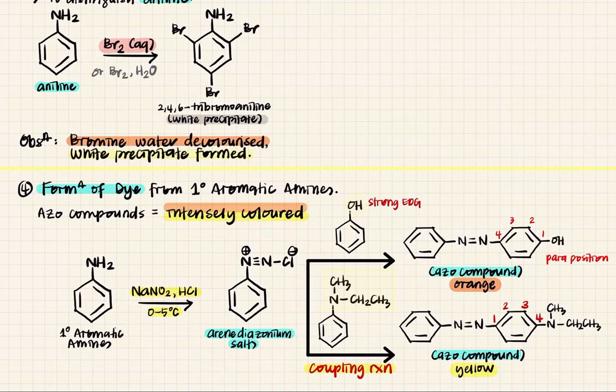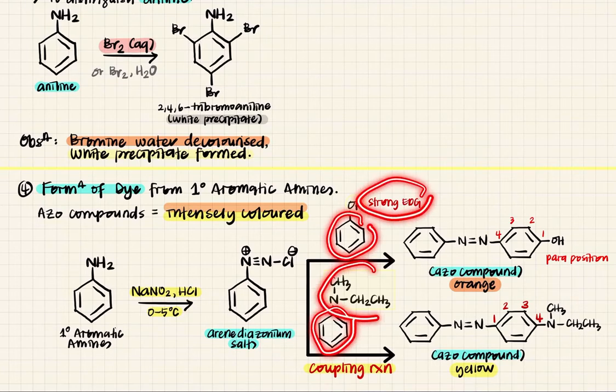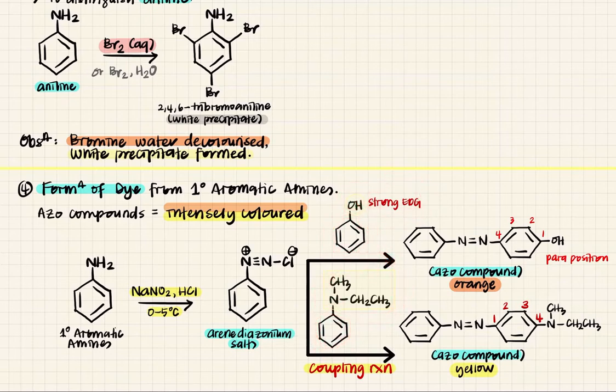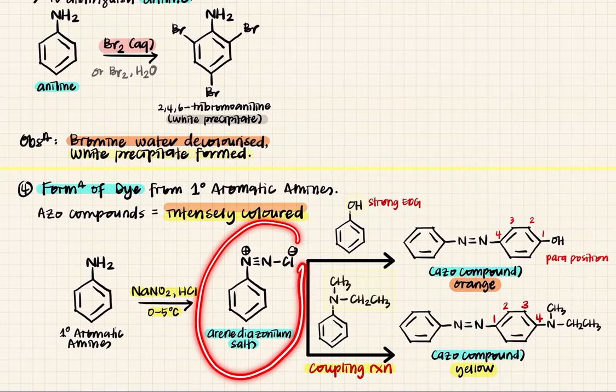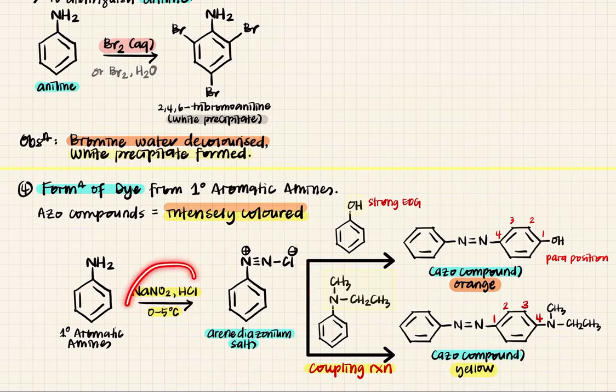So daripada arene diazonium salts ni, you can undergo coupling reaction with aromatic compounds with strong electron donating group macam ini. Okay, strong electron donating group ni. So daripada sini first buat nitrous acid, and then arene diazonium salt, then you can form azo compounds.